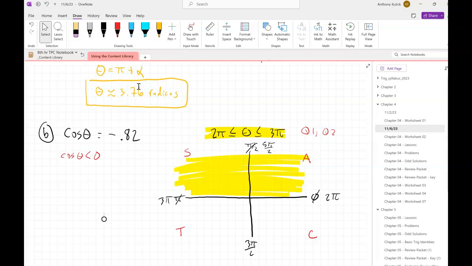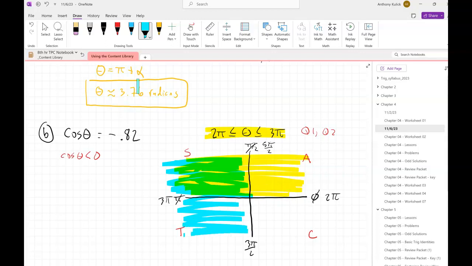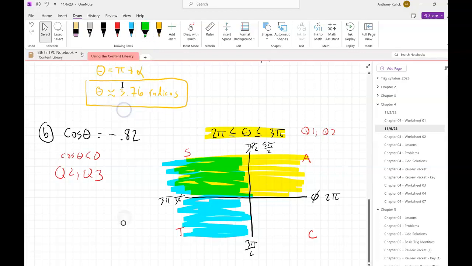If it's positive in 1 and 4, it must be negative everywhere else. So where is my answer got to be? The overlap of the 2, in quadrant 2.